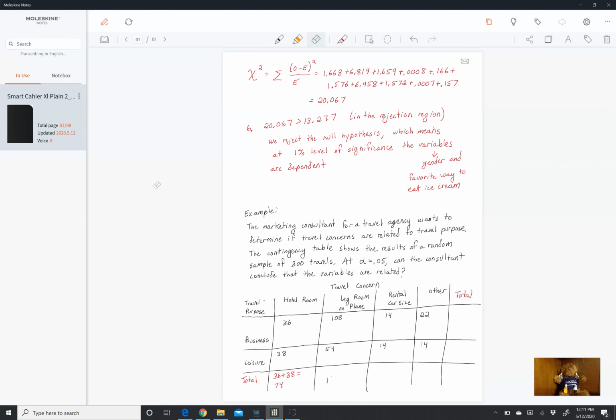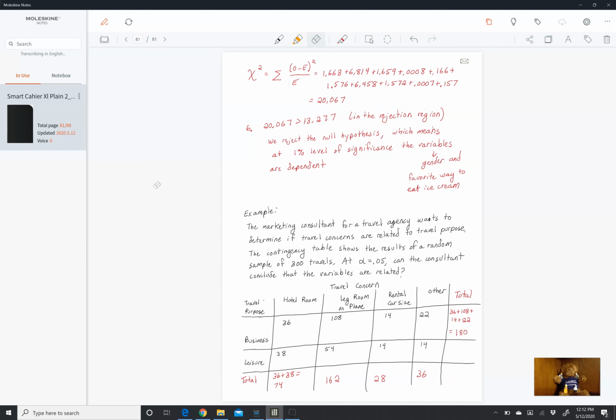Total here is 162. 14 and 14 is 28. 22 and 14 is 36. Okay. Then we're adding together all of these numbers. So we're doing the 36 plus 108 plus 14 plus 22. And we get 180 here.